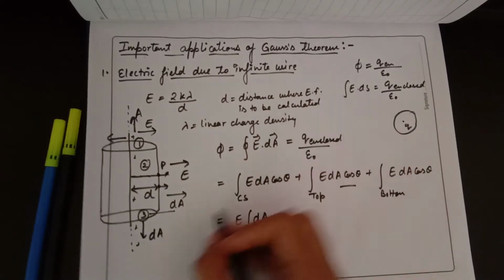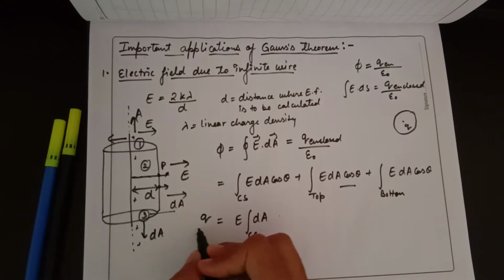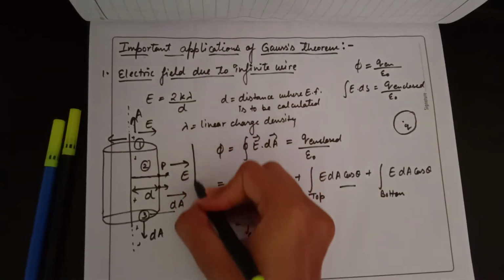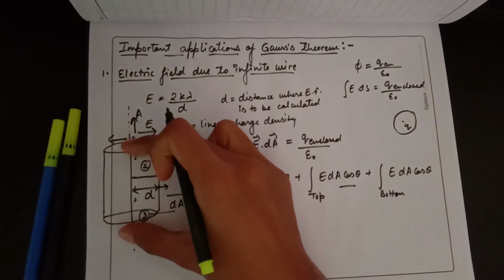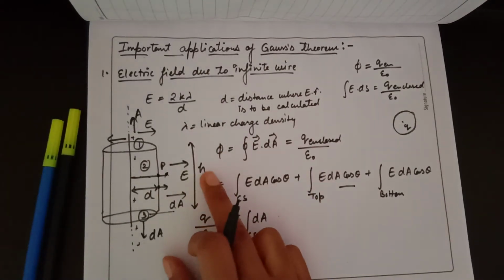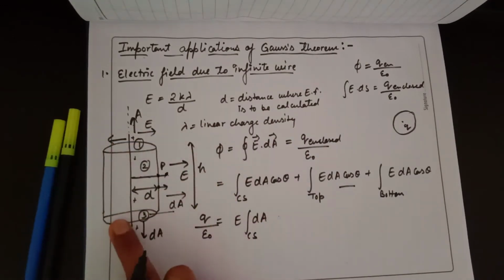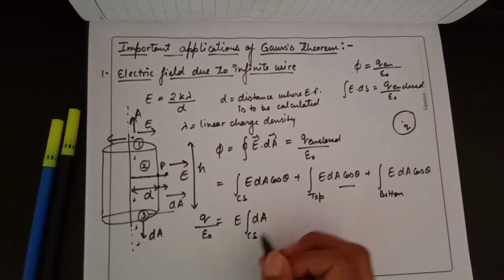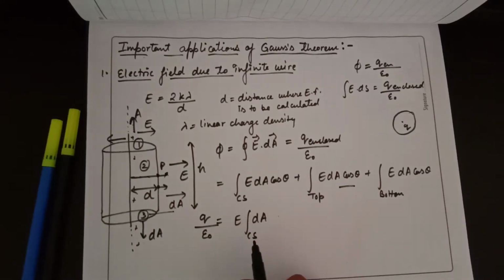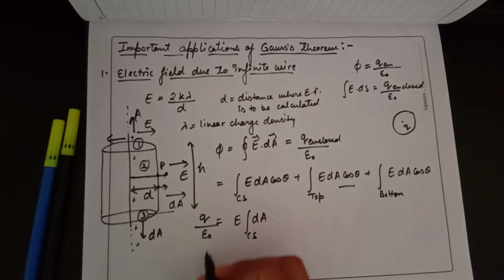and phi is equal to Q enclosed divided by epsilon naught. If I say the height of this cylinder is h, I have just supposed the height of this cylinder is h, then the area of the curved surface of the cylinder is given by 2 pi R h, and in the place of Q enclosed I am writing Q only.